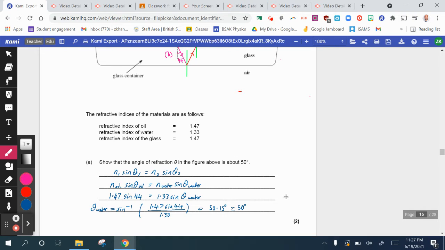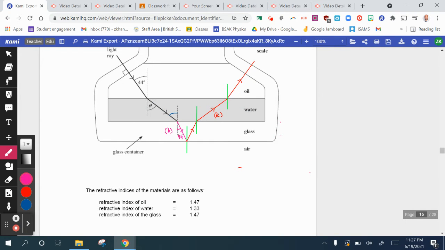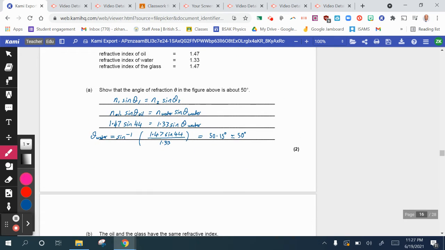All I've done is replace the ones and the twos with the names of the mediums, oil and water, because that's where the light is when it is incoming, hitting the oil-water boundary and entering the oil. We put in the refractive indexes and the angles respectively, rearrange, and we get an angle of 50.15 degrees, approximately 50 degrees.